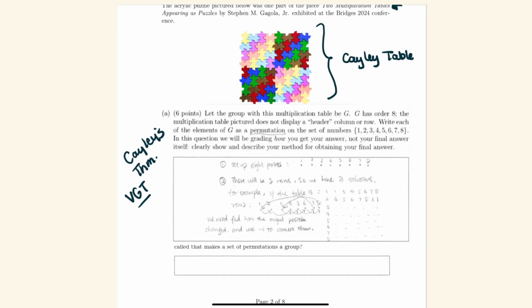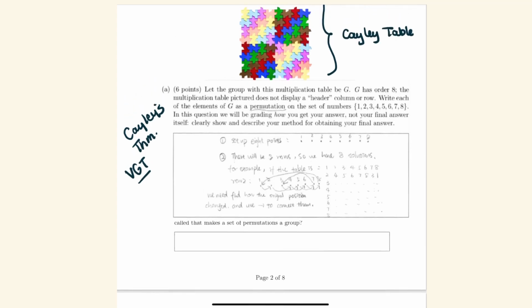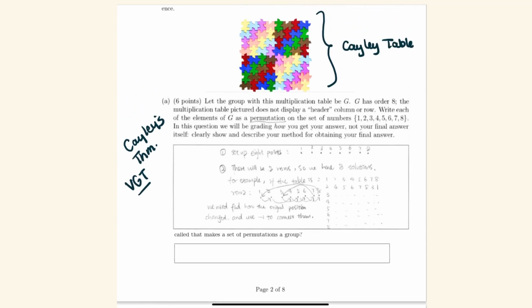So in this case, this student did a good job of doing the setup here. They thought about 8 points, and they said there will be 8 rows, so we have 8 solutions. For example, if the table is 1, 2, 3, 4, 5, 6, 7, 8, then in row 2, they noticed that there was a permutation that occurred.